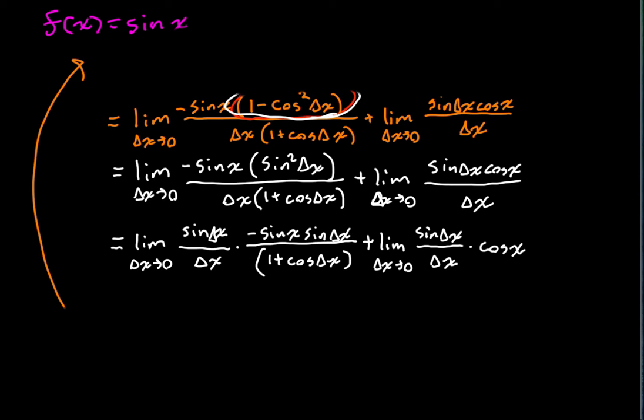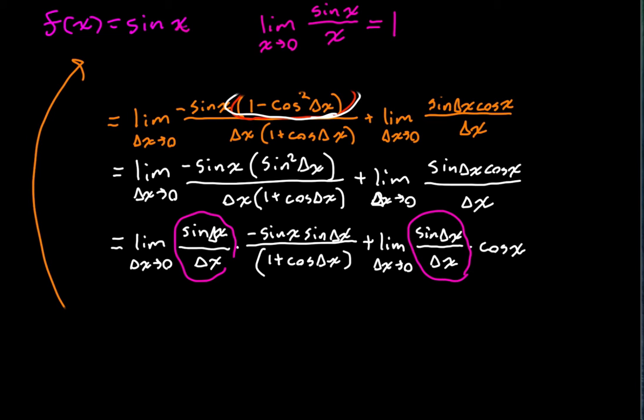This is that one kind of tricky trick that I alluded to at the beginning of the video, the one trick that we'll be using that isn't already familiar, and that's going to be that the limit as x goes to 0 of the function sine of x, where x is some variable, it could be delta x, it could be anything, of sine of x divided by x is equal to 1. And hey, wait a minute, look, we've got a thing that looks a lot like that here and here. Isn't that fascinating? So, what's our next step going to be?